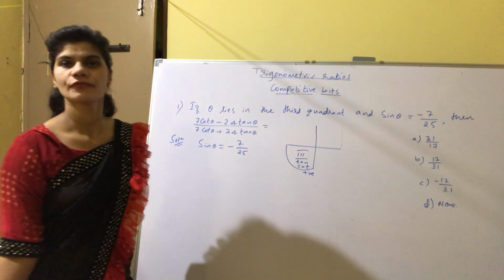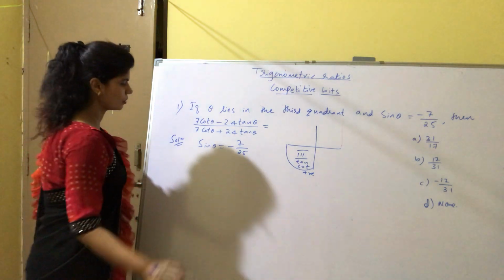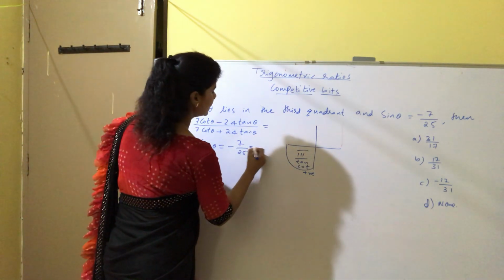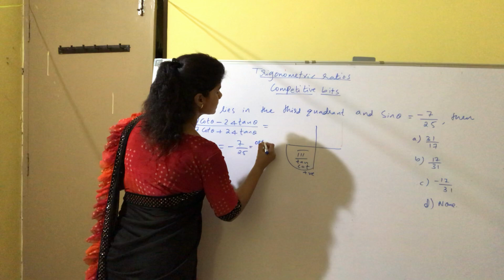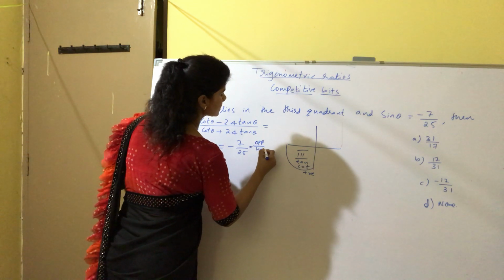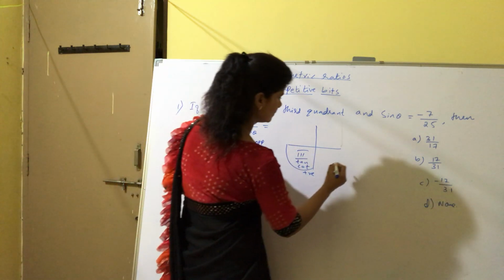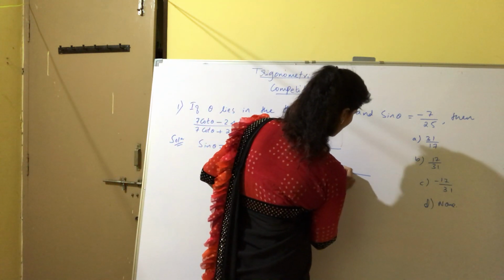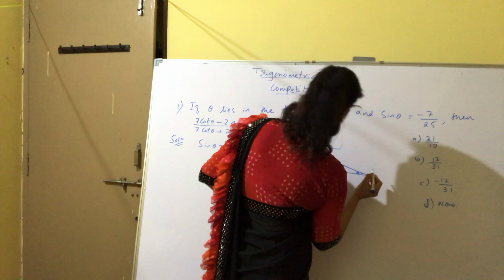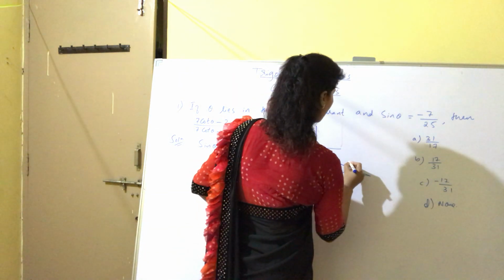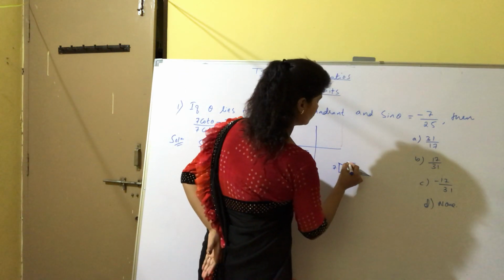Rest other four will be negative there. Okay students, so if sine is defined as opposite by hypotenuse, draw a right angled triangle where theta is acute. Opposite is 7 in units, hypotenuse is 25 in units.